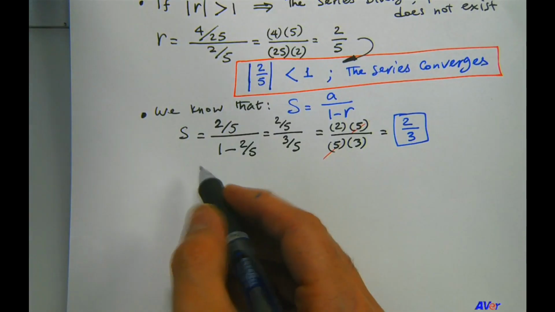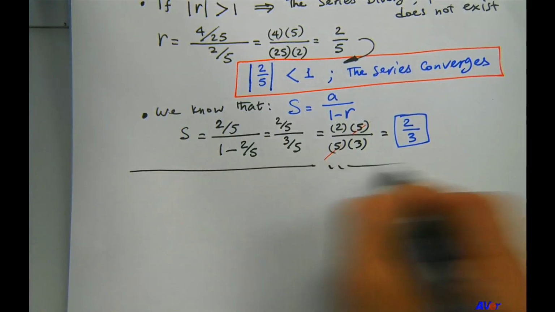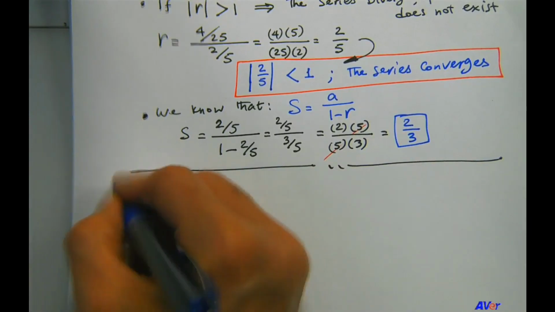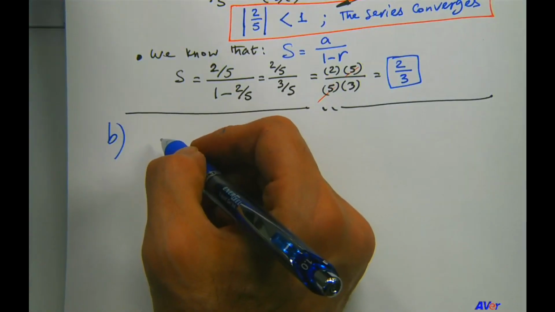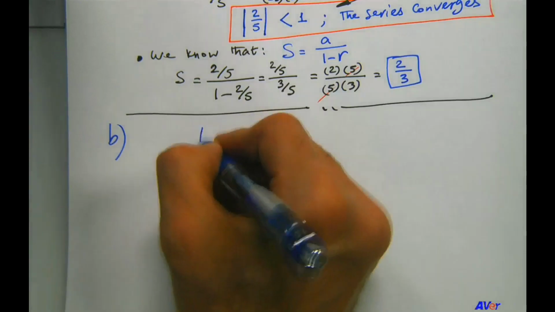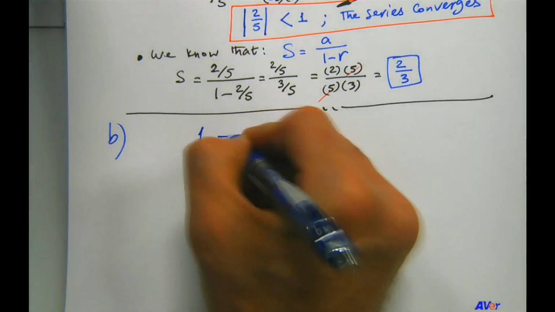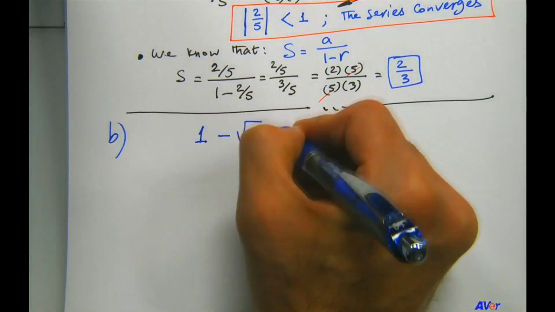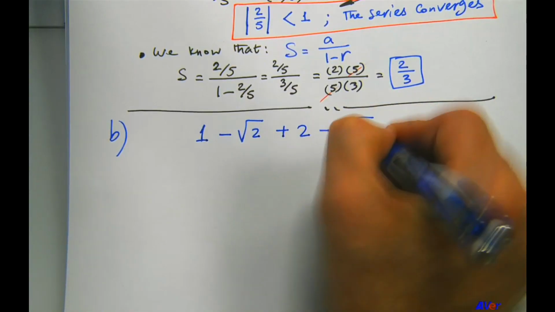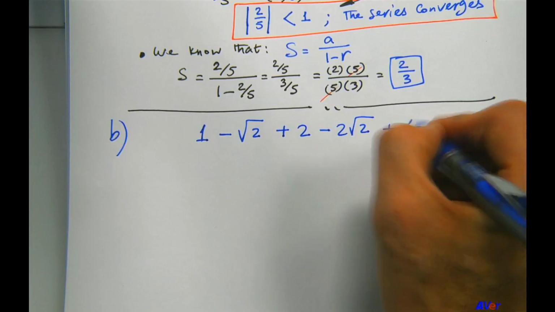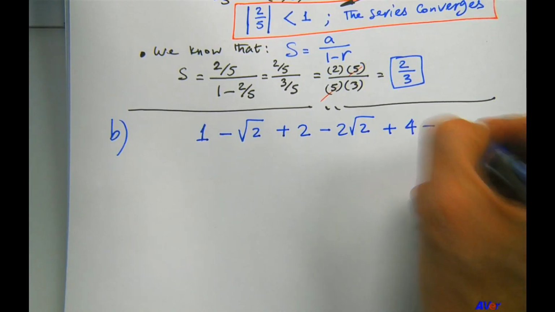So for part B, the infinite geometric series that we are being given is as follows: 1 minus square root of 2 plus 2 minus 2 square root of 2 plus 4 minus dot dot dot.